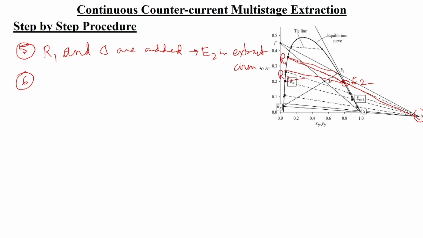So now, the tie line through this E2 meets R2 in the raffinate arm.